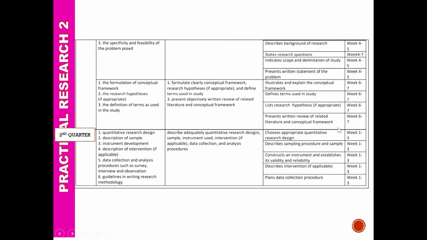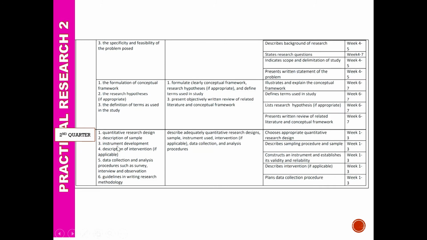So, after the midterm, we will have the second quarter. So, for the week 1 to 3 of our second quarter, the first content standard is quantitative research design. Number 2, description of sample.